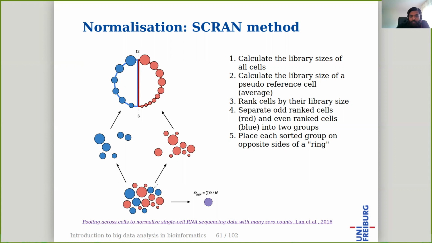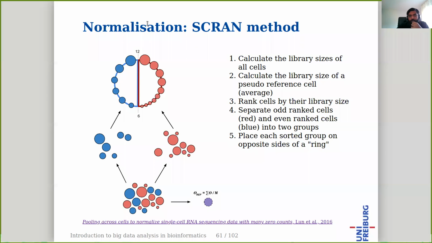Now all the even ranks go here, the odd ranks go here, the red ones, all the odds, this 3, 1 goes here, and this 2, 4 goes here. So all the evens go here, all the odds go here, and then they're all put into a so-called ring, in a sorted order, in descending order, and this is simply a cycle, and they are just put on this ring.